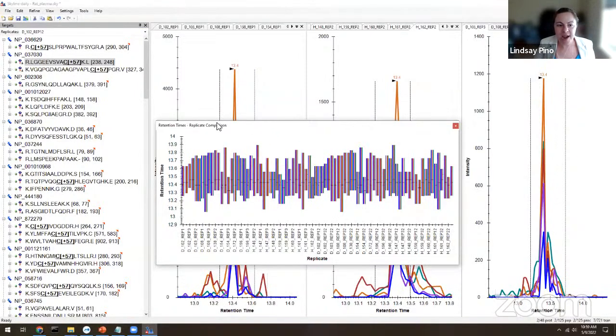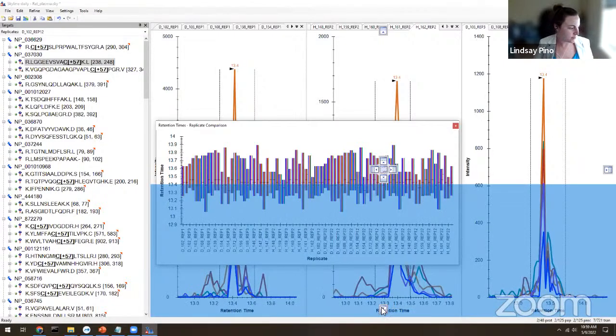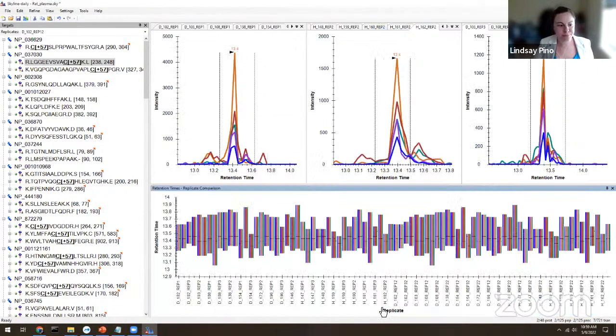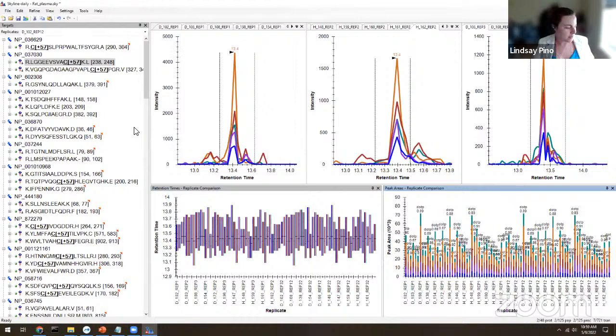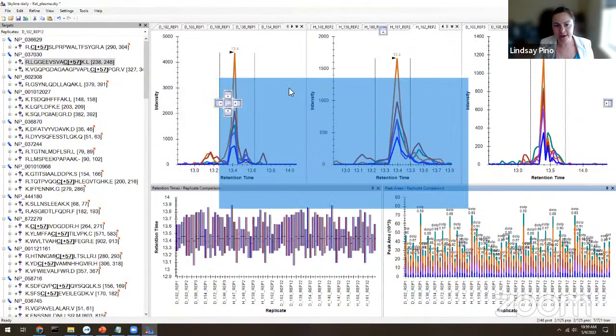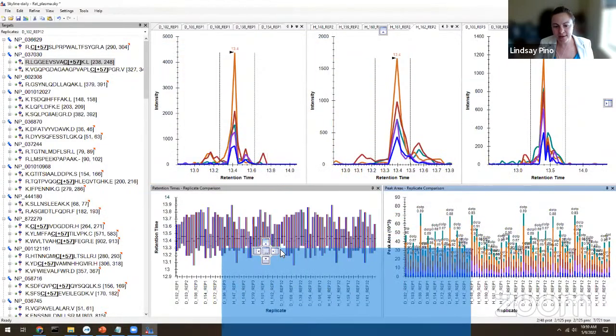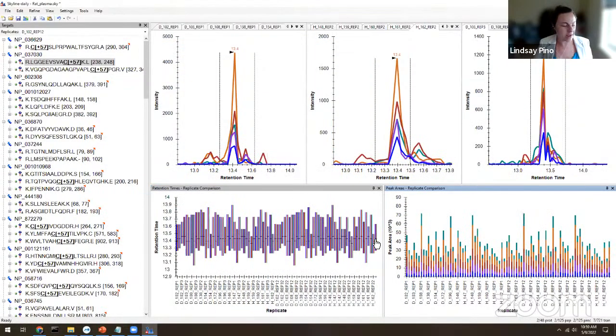So let's click and drag retention time to the bottom. And then let's view peak areas, replicate comparison. That one already came up for me, docked to the bottom right where I was going to put it anyway. But you can click and drag and get that docked right next to retention times on the bottom.